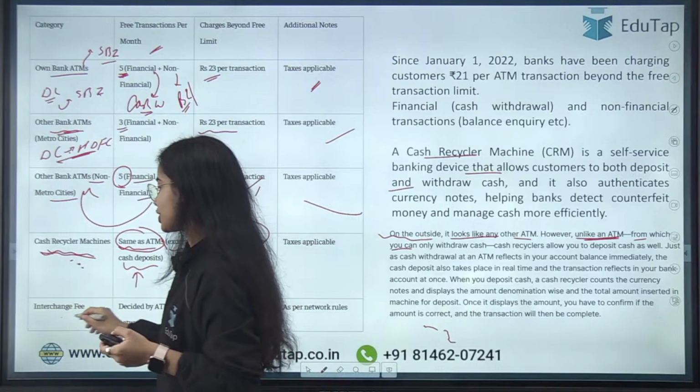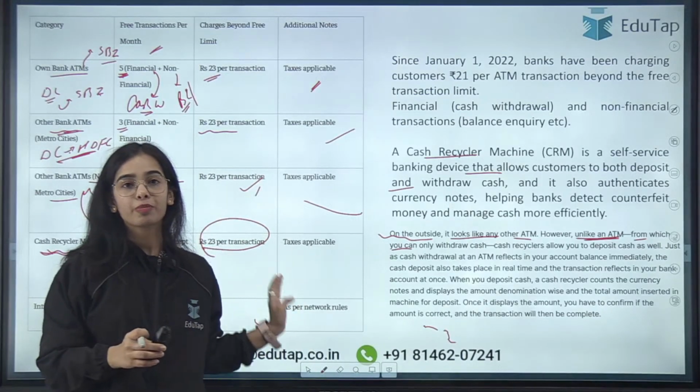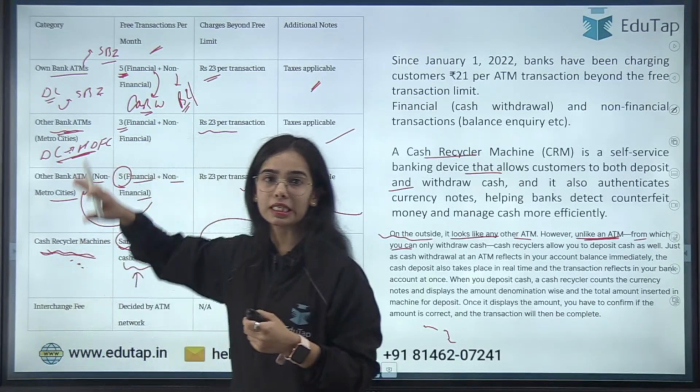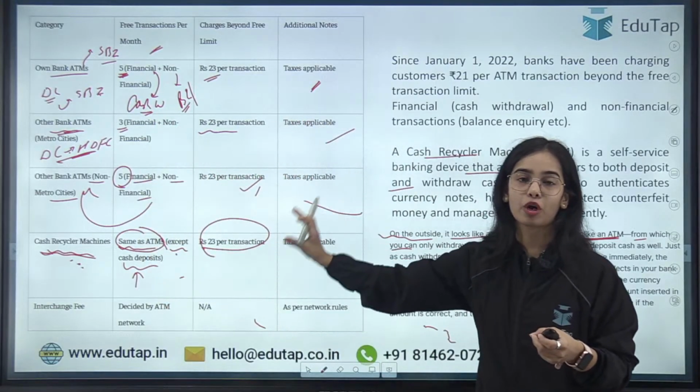Now coming to the interchange fee, but before going to the interchange fee, I hope this is clear. These are the charges that will be taken from the customer.